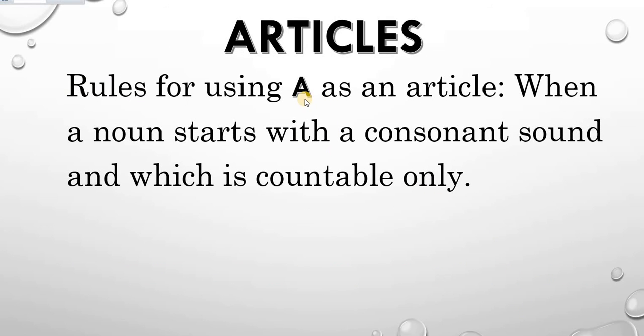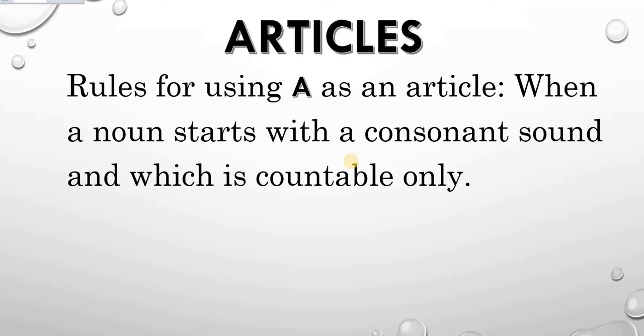There are rules to use a or an as an article in a sentence. When the noun starts with a consonant sound and is countable, we can use a. Now what are consonants? First we should know. We have 26 alphabets.